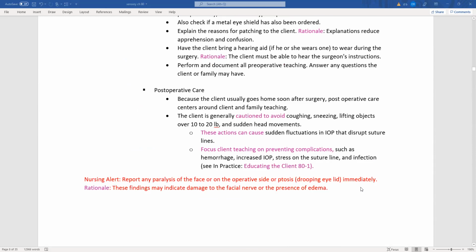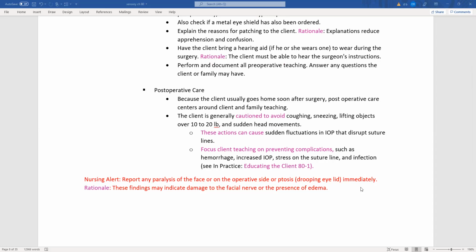It'll be in here for y'all. But if you go to page 1404 in the new book, let's read it together. So 1404, the one we're reading is in Practice: Educating the Client, 80-1, after eye surgery. It says, do not remove your dressing.